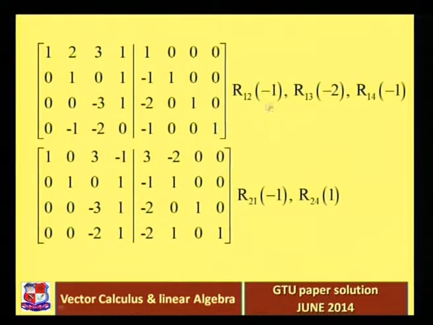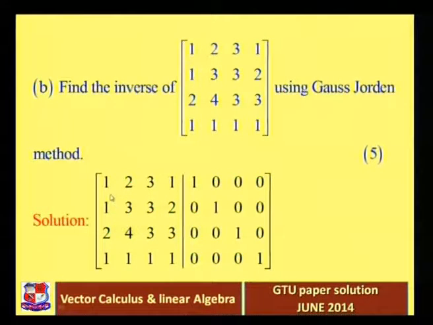Multiplying the first row by -1 and adding to the second row, multiplying the first row by -2 and adding to the third row, and multiplying the first row by -1 and adding to the fourth row. First of all, one by one we see all the rows. First we multiply the first row by -1 and add it to the second row.